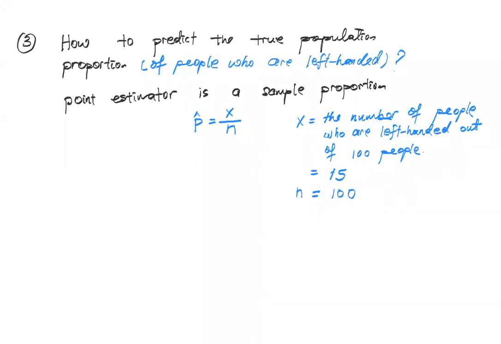Are you clear? So our proportion will be 15 divided by 100. So this is 0.15. So this is our point estimator. So we are going to use a 95% confidence level.